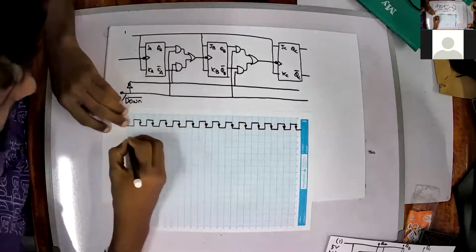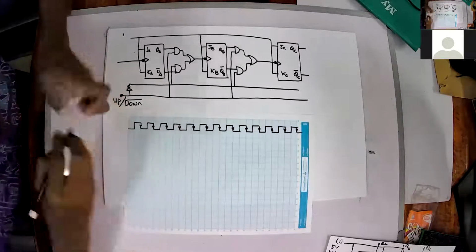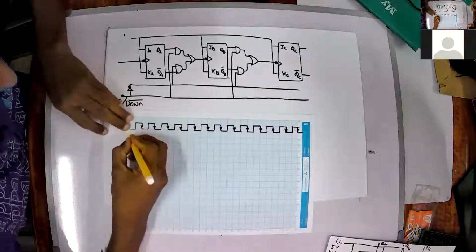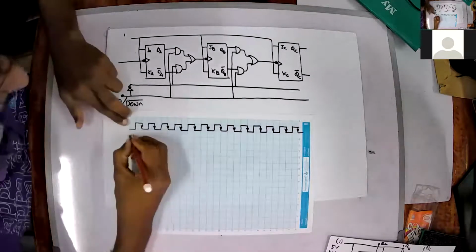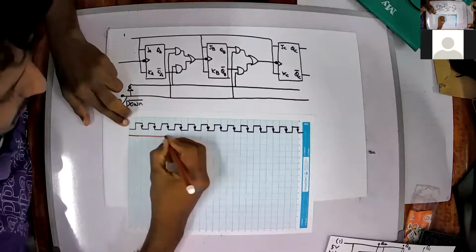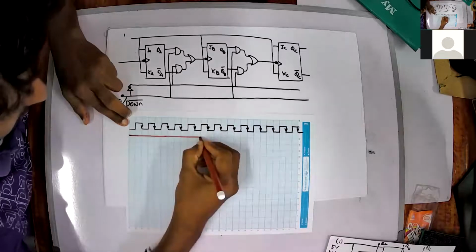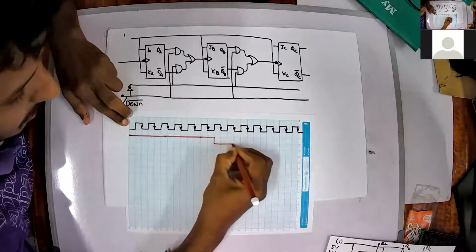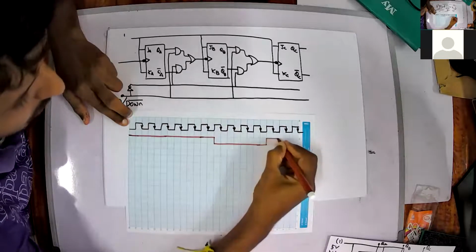So first, it is high for the first 7 pulses, and then in the next pulse it becomes down, then it becomes 1.